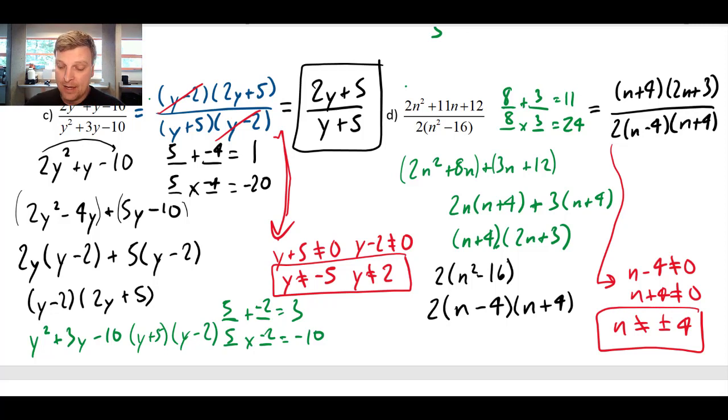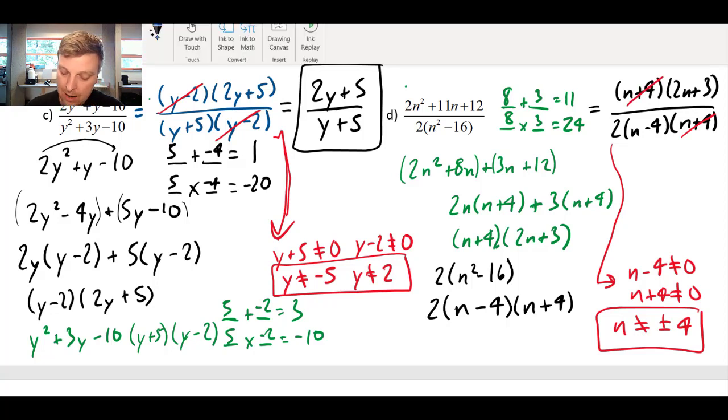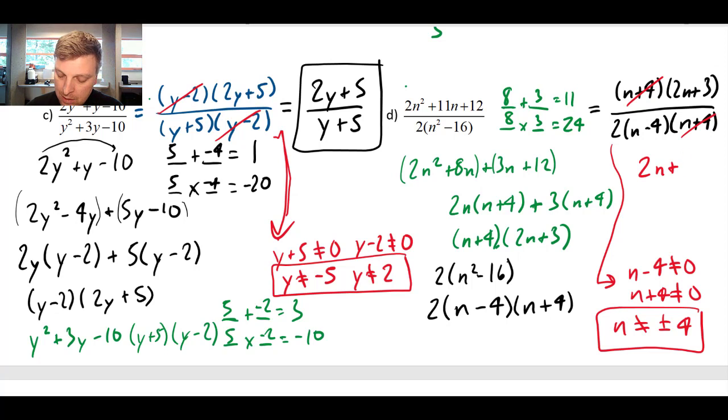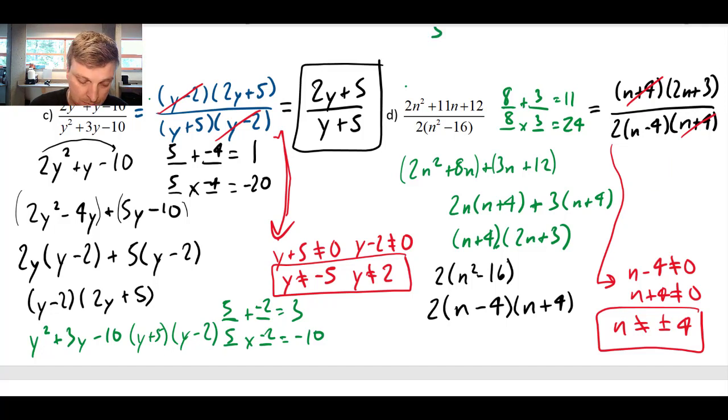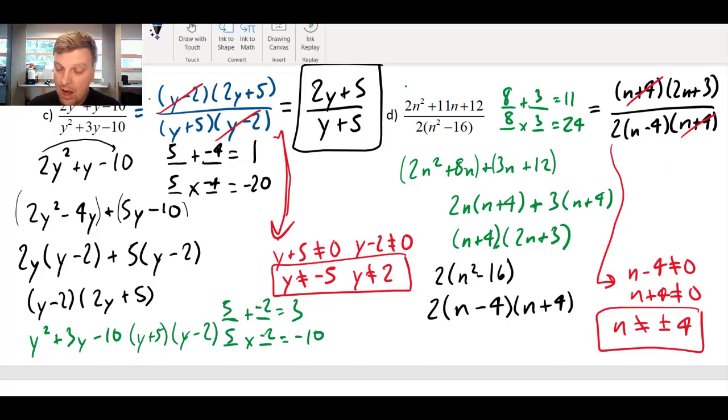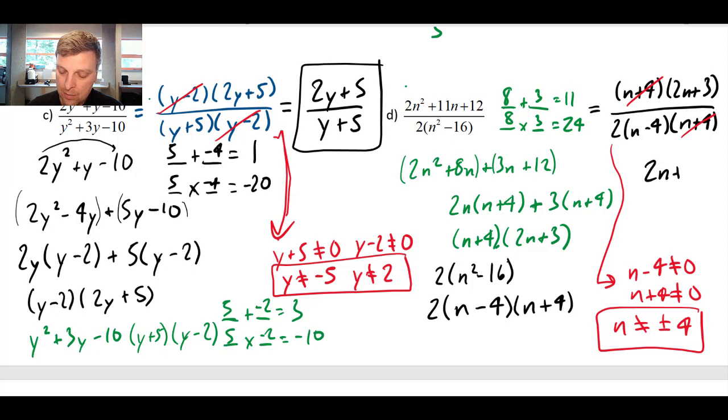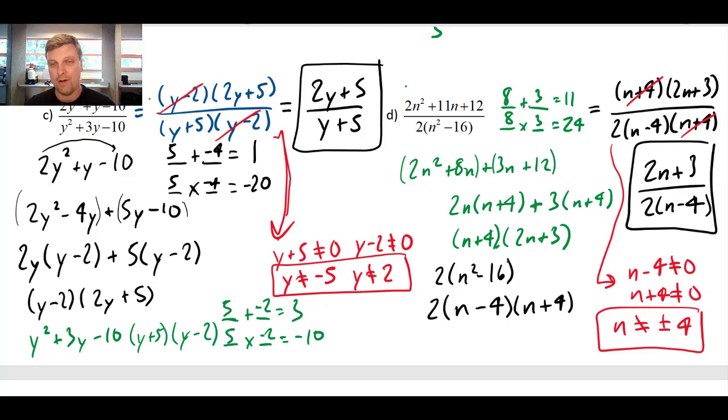Now I can go back to my expression and look for common factors, which in this case is n plus 4, and I can cancel both of those out. Then I'm left with 2n plus 3, all divided by 2 times n minus 4. And that is my final simplified rational expression. Okay, that is it for rational expressions.